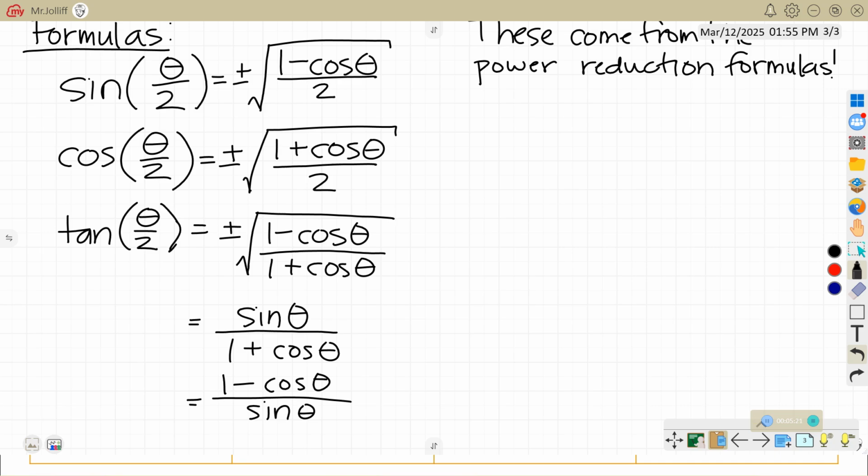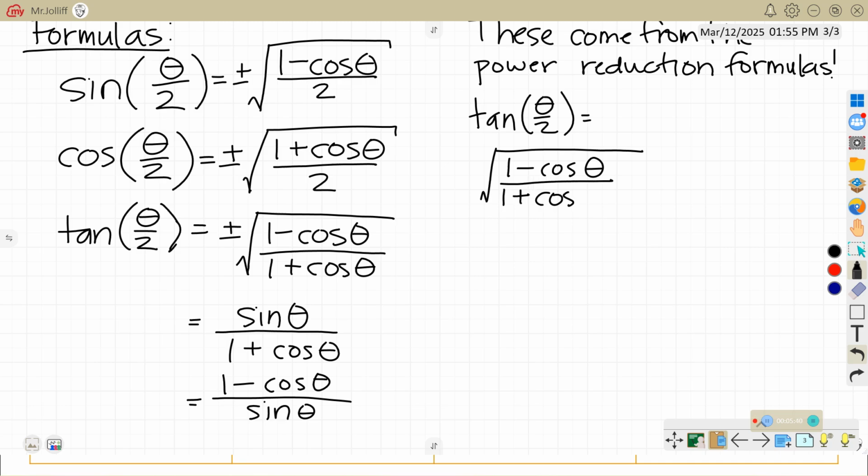So, we're going to start here. Tan theta over 2 equals the square root of (1 minus cos theta) over (1 plus cos theta). And my goal is to make it look like sine over 1 plus cosine.